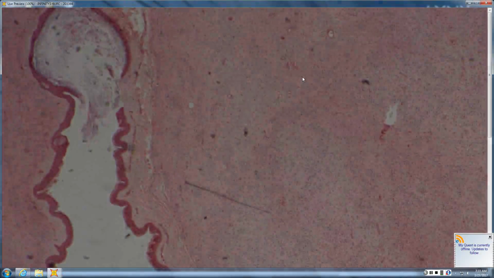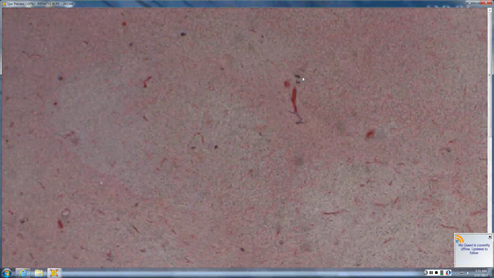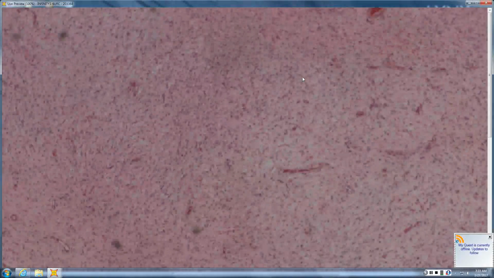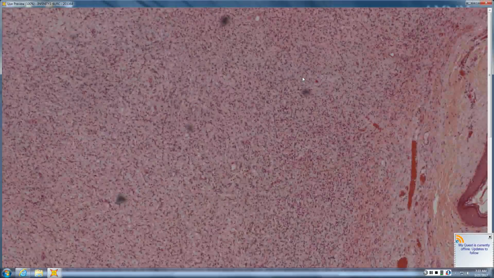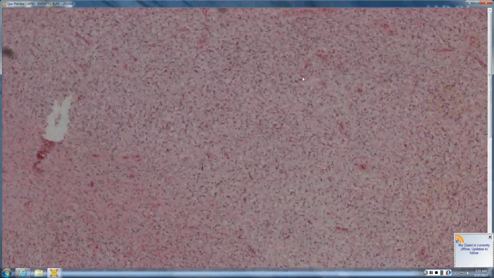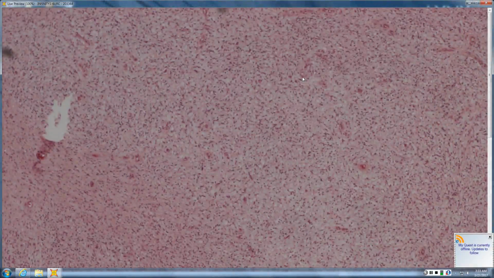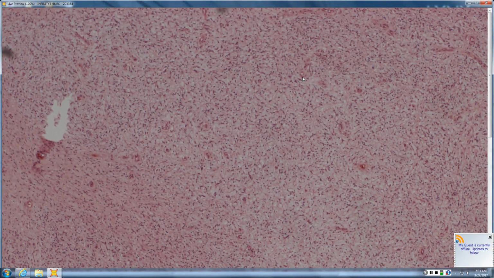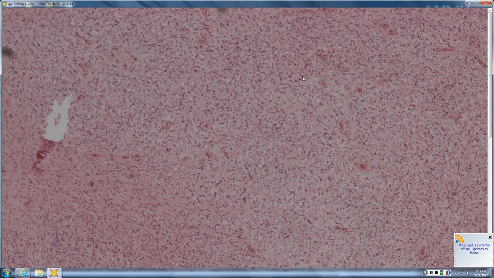So, let's start with this one. Shane, what do you think? Neurofibroma. Okay, so why neurofibroma? Well, it's got a myxoid background and all the S-shaped or spindly cells in a haphazard arrangement. Okay, very good. It's pretty diffuse, uniform, loose myxoid at scan, and you often have areas that are a little bit denser, a little bit lighter.